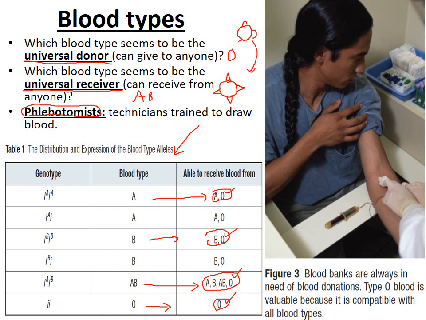And your body is not used to seeing those circles. So what will happen is your body will create what's called antibodies to attack those invading circles that it's not used to seeing. And then it'll cause your blood to clump up, and that's called agglutination.